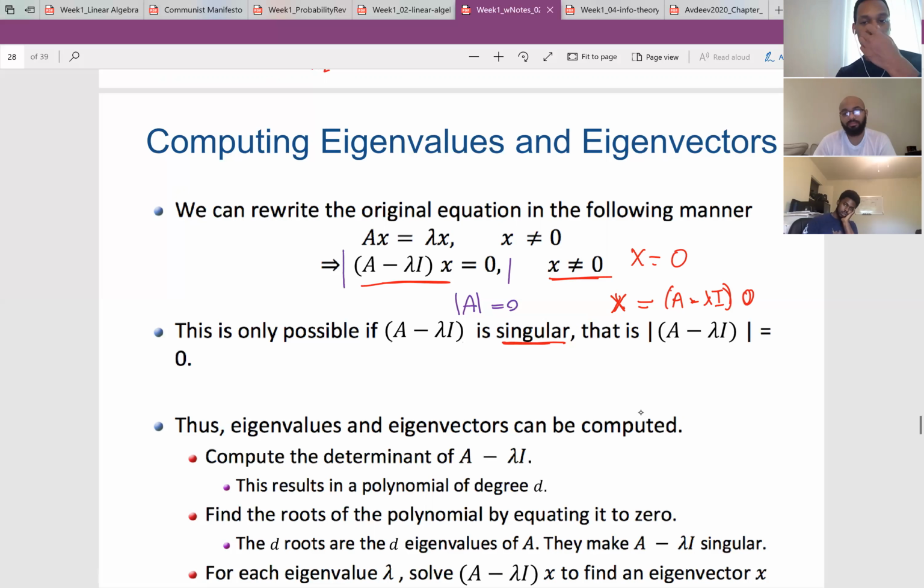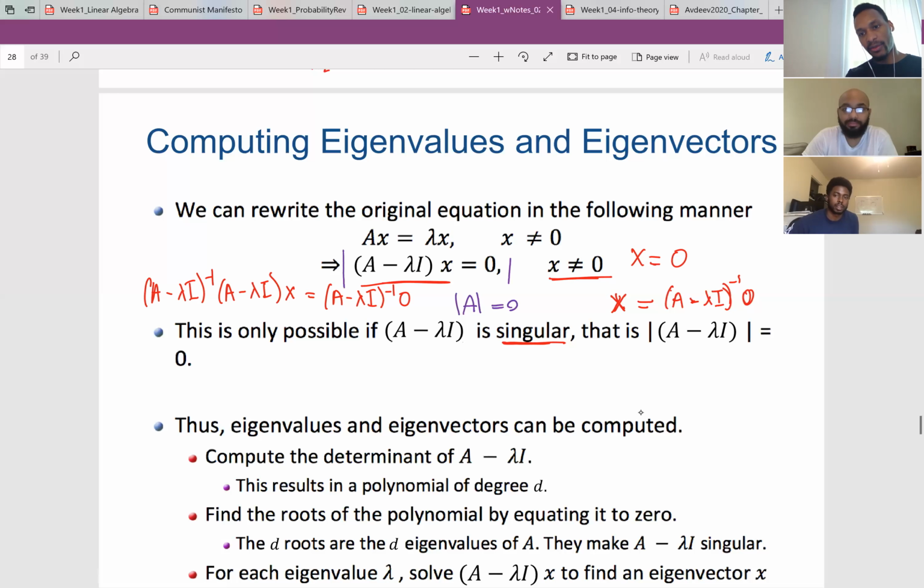And we already said that x cannot be equal to 0. So if I could invert this, then I would have A minus lambda I inverse times A minus lambda I times x equal to A minus lambda I inverse times 0.